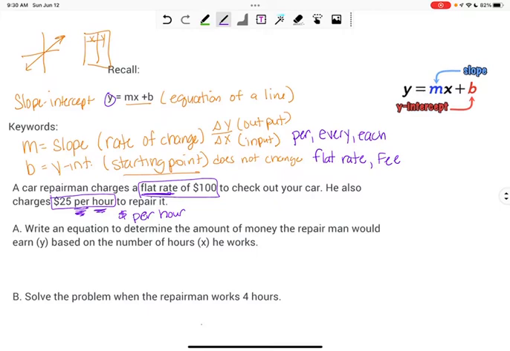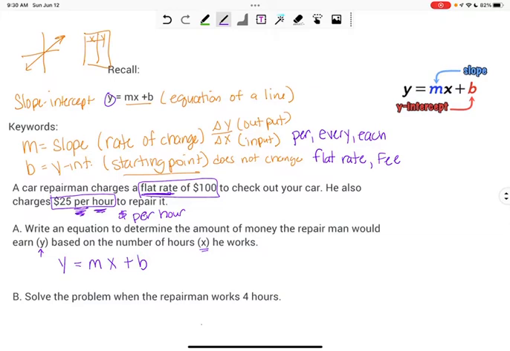So now that we have identified our keywords, let's go ahead and look at problem A. It says write an equation to determine the amount of money the repairman would earn, Y, okay, that's our total, based on the number of hours, X, he worked. That's our variable. That's what we don't know. But we know we can do Y equals mx plus b.